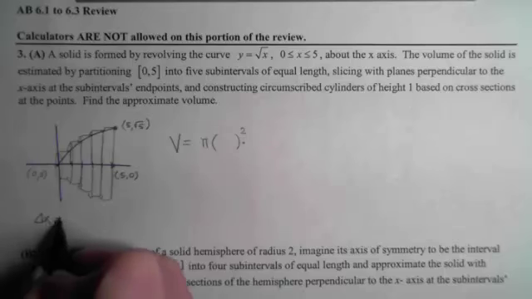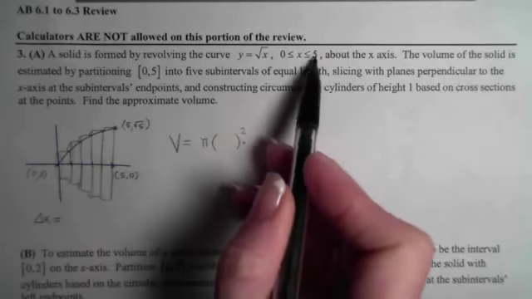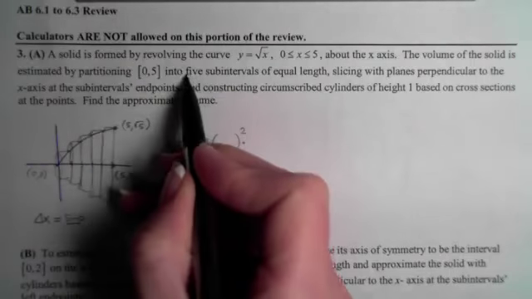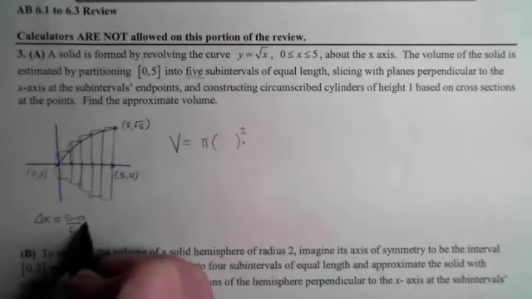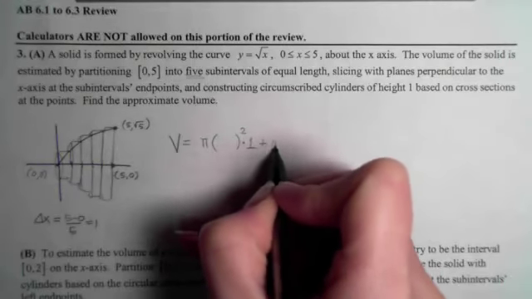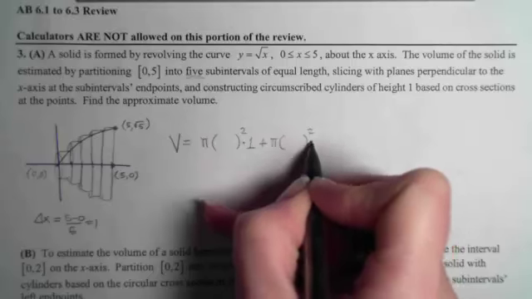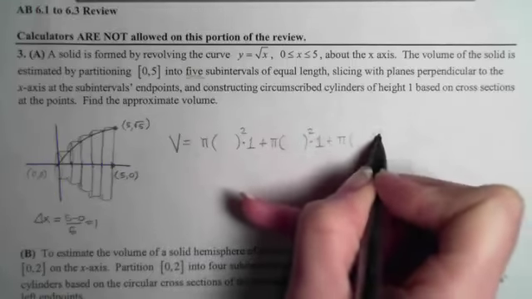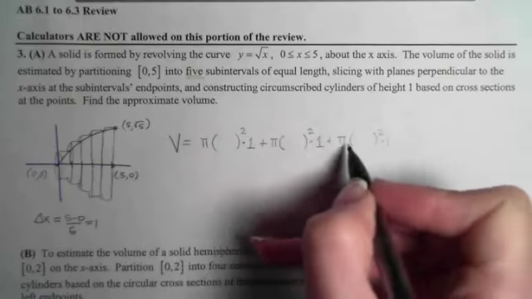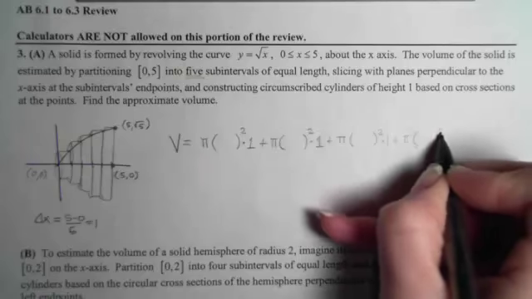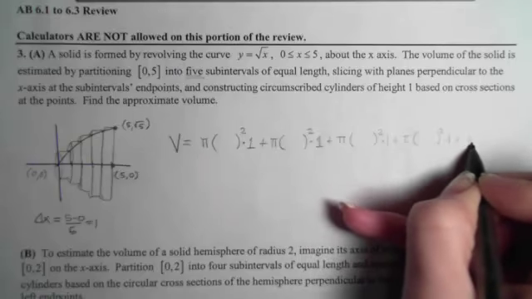Remember that delta x was b minus a divided by the number of subintervals, so that's going to be 1. We'll have pi times a radius squared times a 1 for each of the 5 layers.